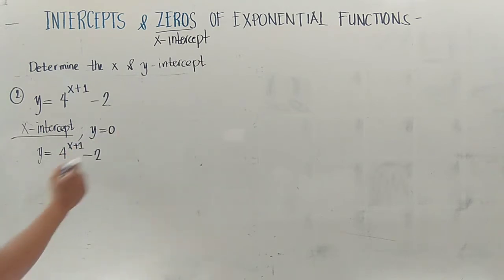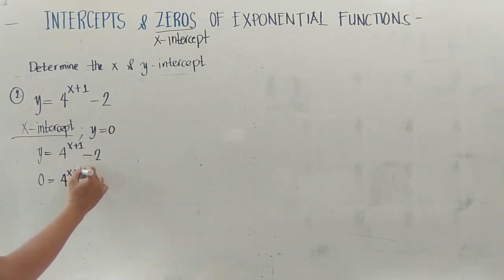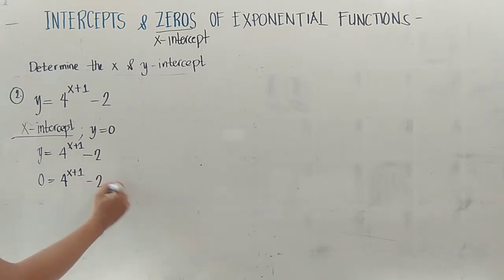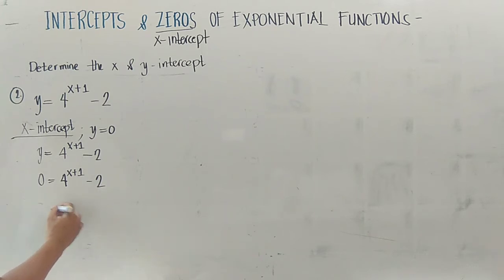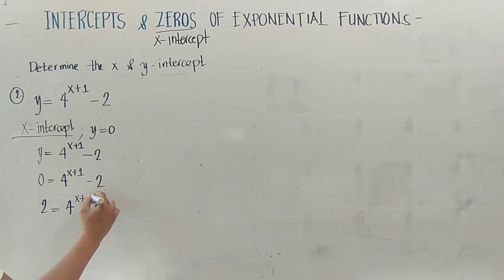Then substitute y equal to 0, and that will become 0 equals 4 raised to x plus 1 over 2, minus 2. Okay, combining like terms, we have positive 2 equals 4 raised to x plus 1 over 2.